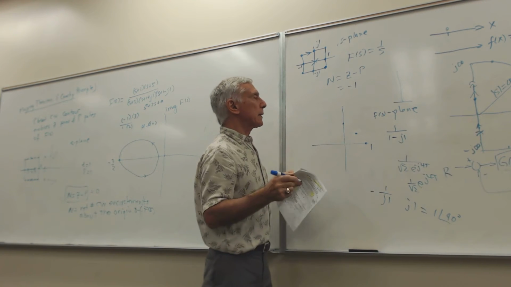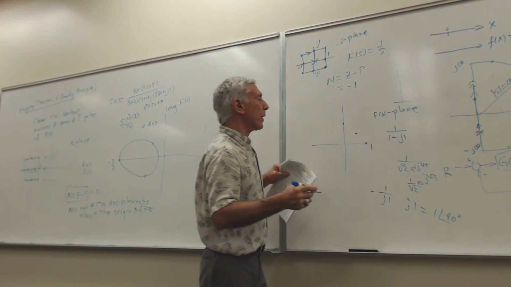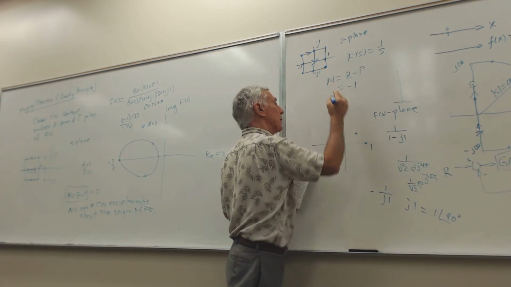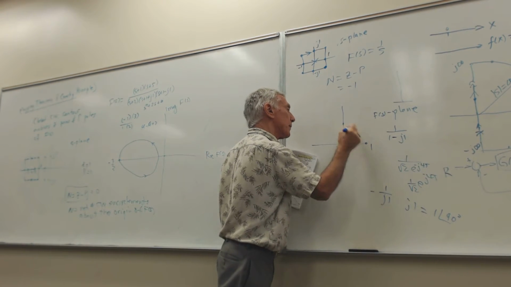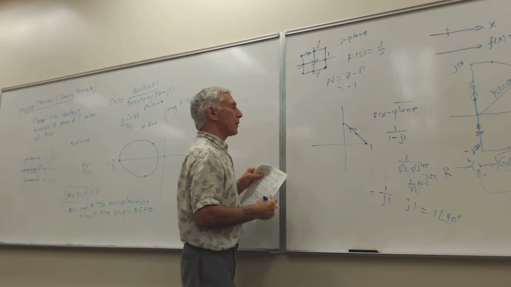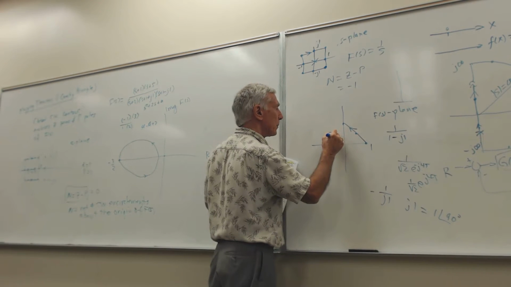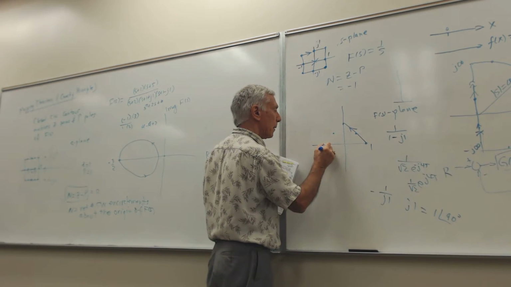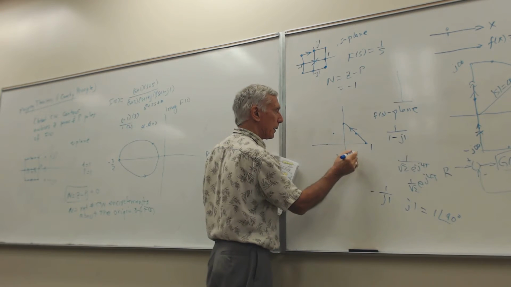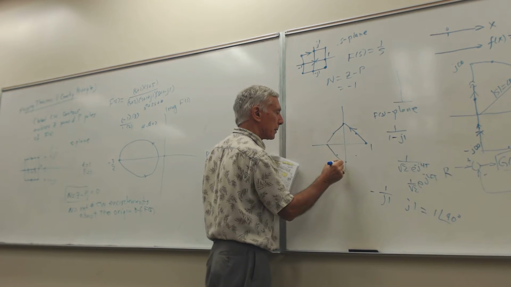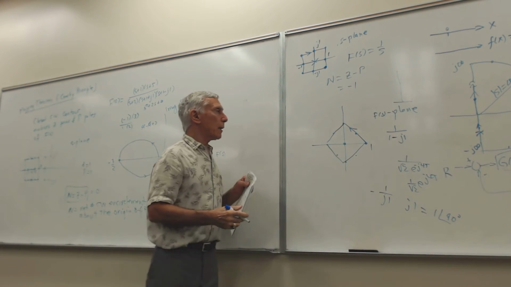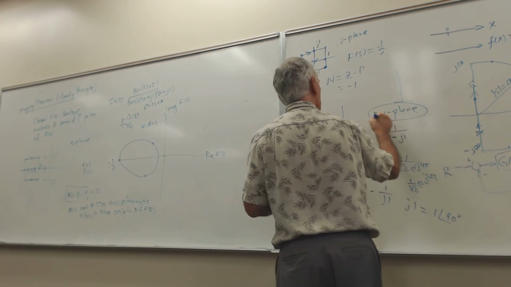And now we can see the direction. As we moved from this point to that point to that point, the direction is like that. If you continue with this, what you get is a point here, a point here, here, and here. So you get this. And here's the origin of the F of S plane.